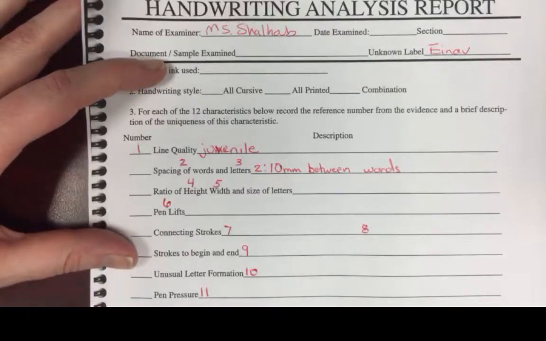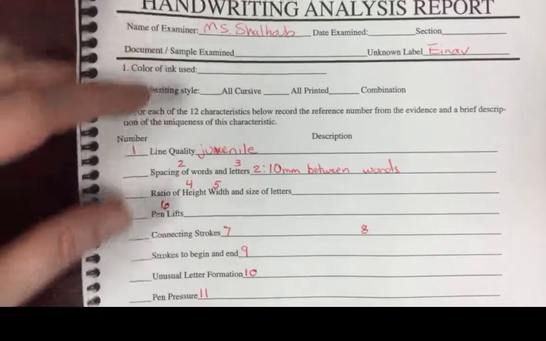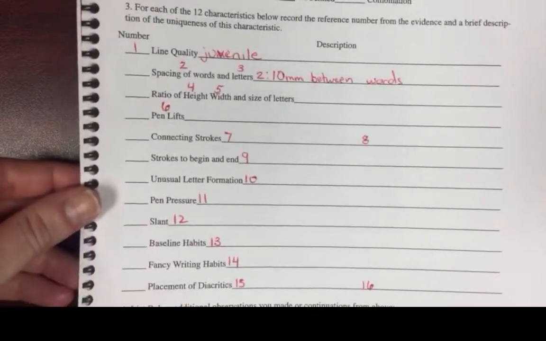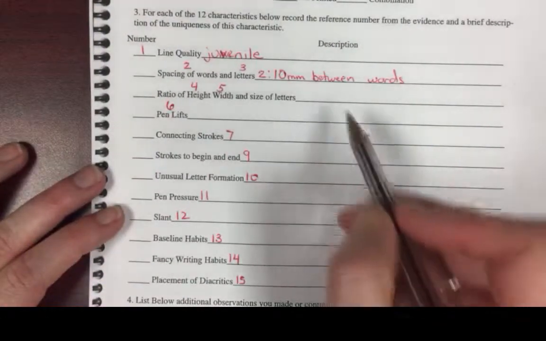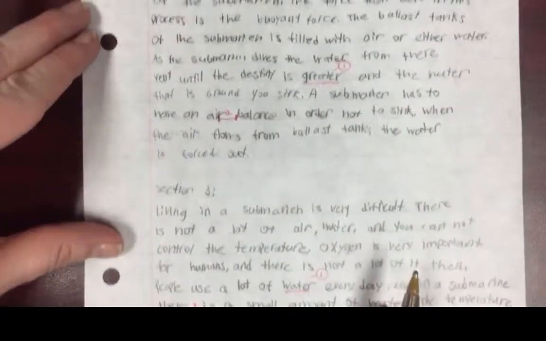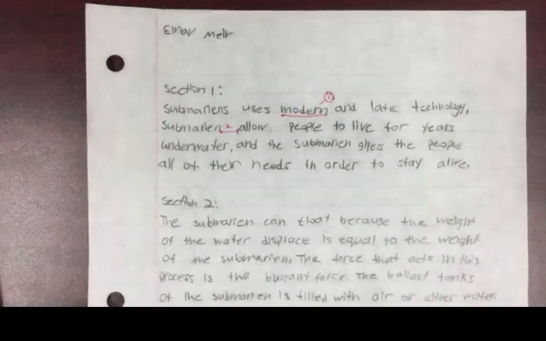Now I'm going to do the same thing with letters and label that as number 3. Pen lifts, connecting strokes, beginning and end strokes, unusual letter formation, pen pressure, all of those things you're just going to continue to label throughout the report, describing it and labeling within the handwriting sample in 3 separate locations exactly what you're seeing and describing on the analysis report.